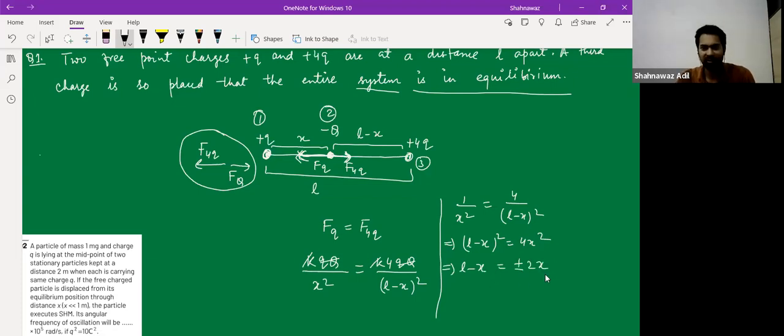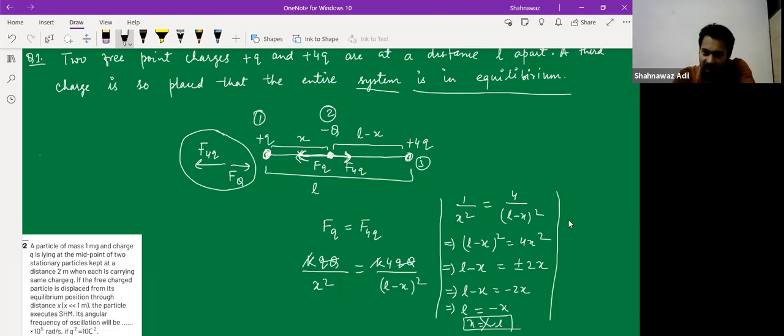If we take minus 2X first, L minus X is minus 2X, so L is minus 2X plus X, which is minus X. So X is minus L, which can't be true, X can't be negative. Then the second condition, L minus X is plus 2X, so L is 3X.